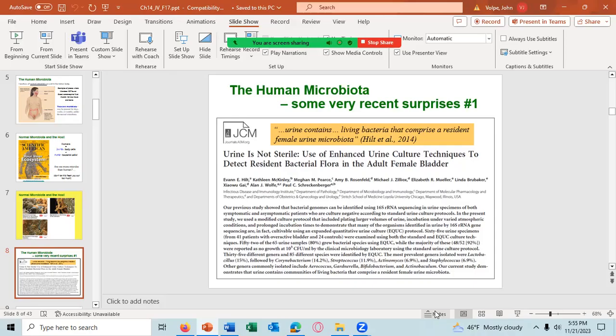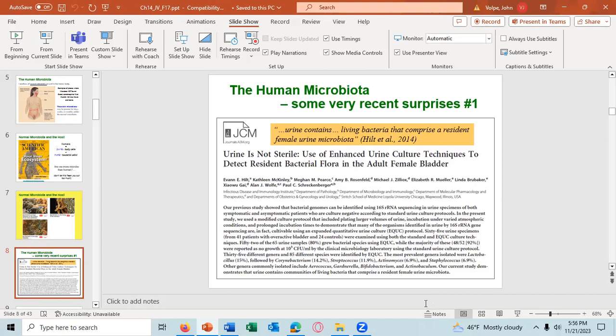All right. We fairly recently discovered some normal microbiota in some surprising places. For example, in the last 10 or so years, we've discovered that the female bladder has some normal microbiota in it. The bladder was assumed to be sterile previously.